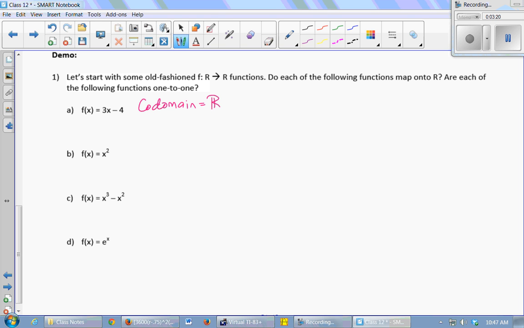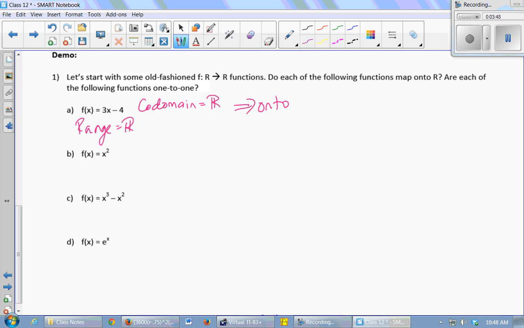Yeah. The range of this function is all reals, right? When the codomain equals the range, it's onto. You can produce any element of the codomain as an image of the function.